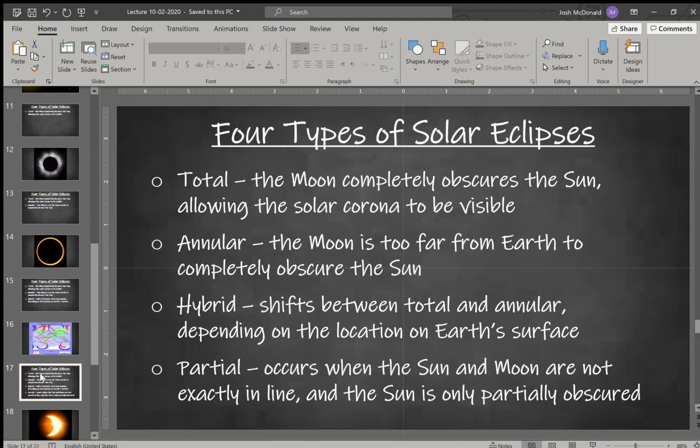Then the fourth kind is called a partial eclipse. This one's a little more common because it's pretty rare for the moon and the sun to line up exactly perfect from our perception. Now, during a partial eclipse, the sun and moon are not exactly in line, and the sun is only partially obscured.